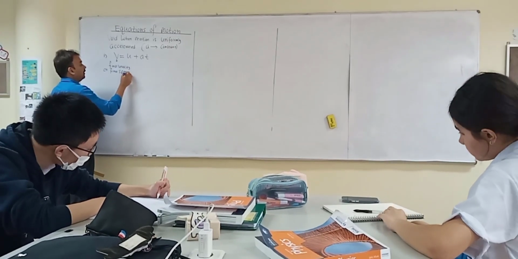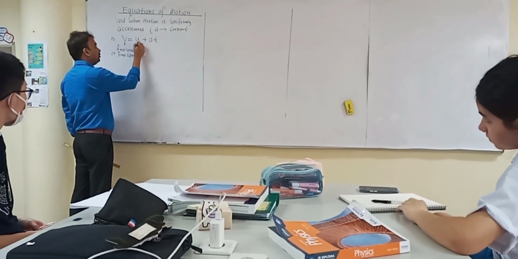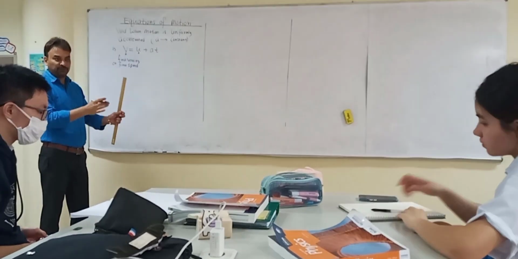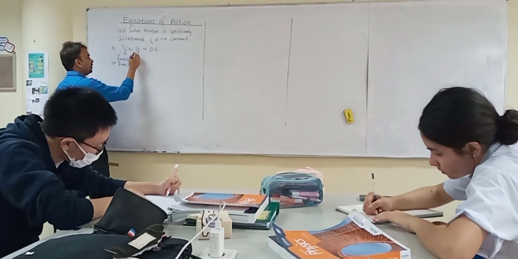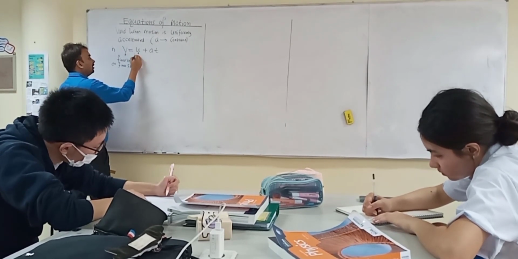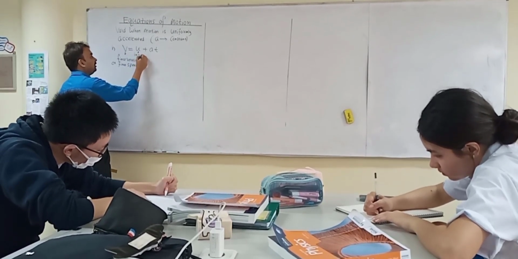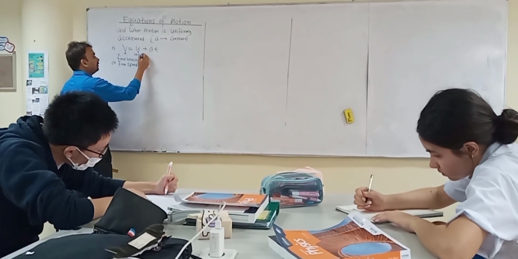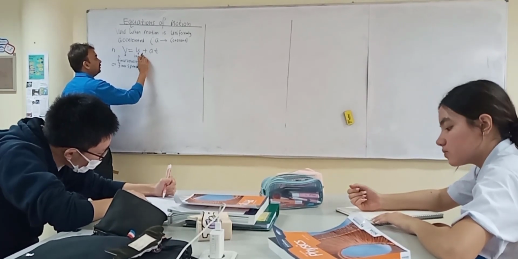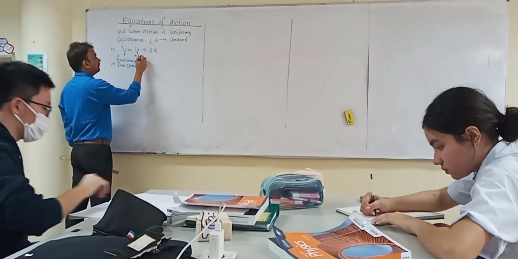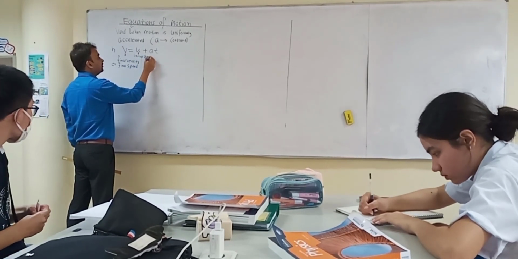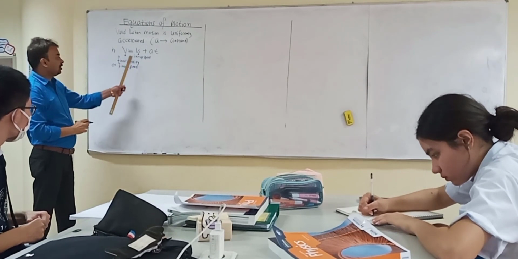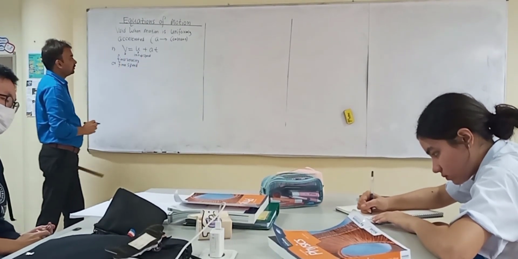U is known as initial speed, when the object begins from a starting point, when the object starts its journey. So you can say initial speed, or initial velocity, same thing.